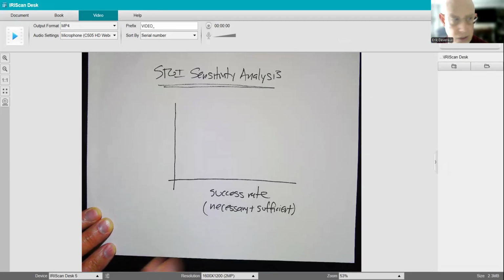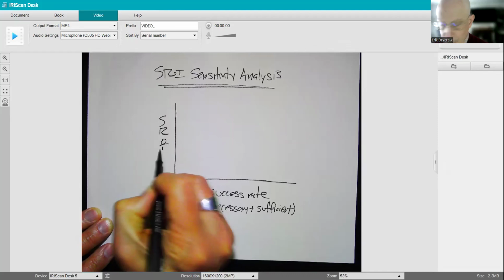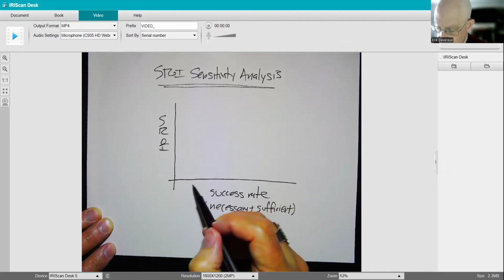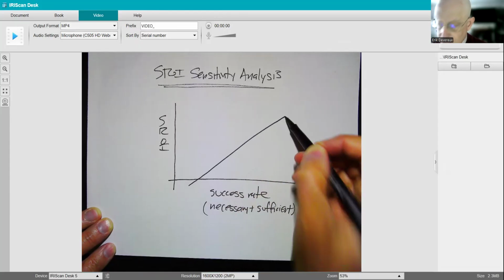Both necessary and sufficient. And you can look at your SROI estimate. What you often see is that as your success rate goes up, your SROI goes up.